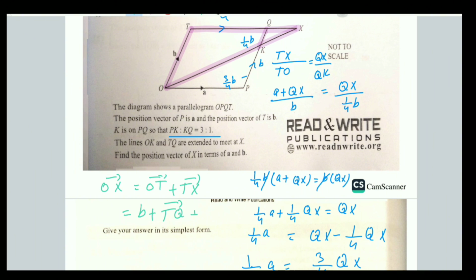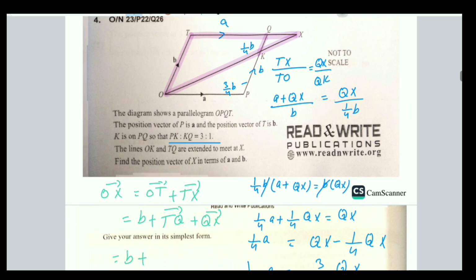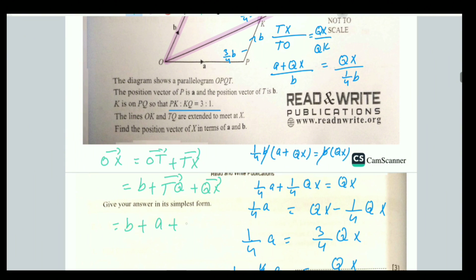So B plus TQ is A and QX is 1 by 3A. So it will be B plus 1 plus 3, 4 by 3A. This is the position vector of X, and this is the final answer.